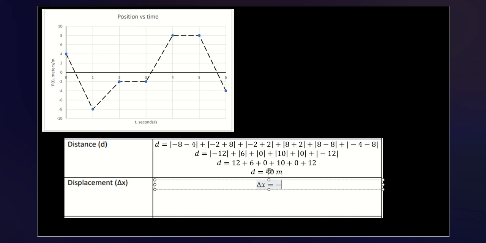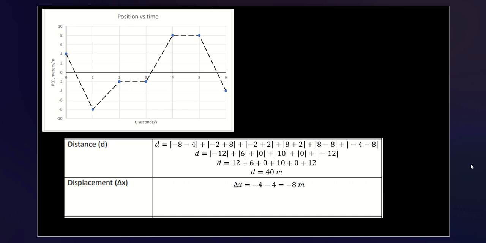So, typing that in, and we're going to subtract from that our initial y position, which all the way at the start of the graph, that was positive 4. So, negative 4 minus positive 4, or negative 4 minus 4, that just equals negative 8. And of course, we're going to leave that in units of meters as well.